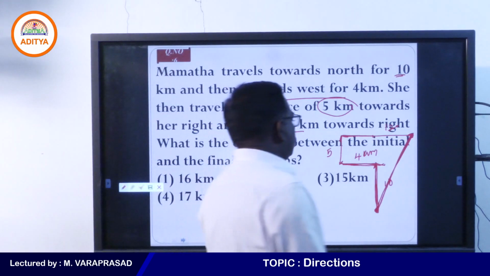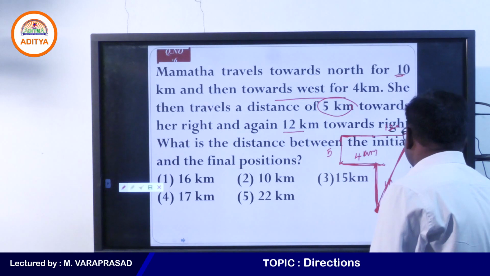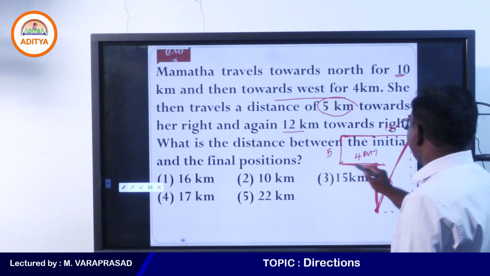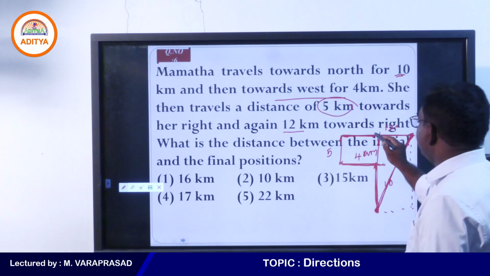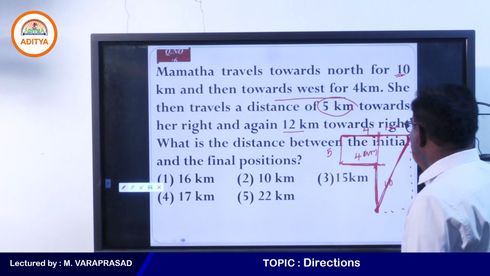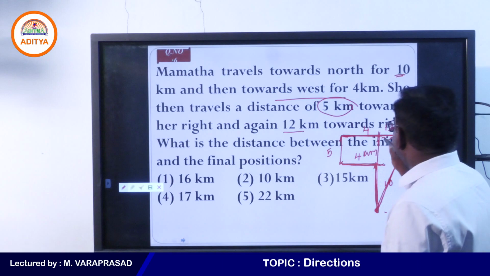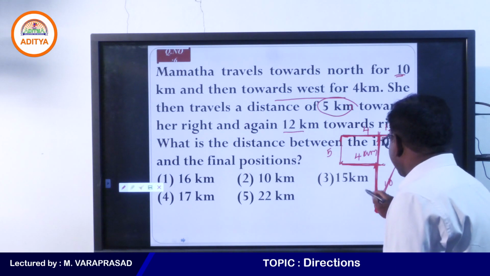To get the answer the Pythagoras way, you need to find the total distance here and this one here. This is 4, so this is also 4. The total is 12, up to here 4, the remaining here is 8. This part is 8. Now see, this is 4 and this one is 10, the total is 14.